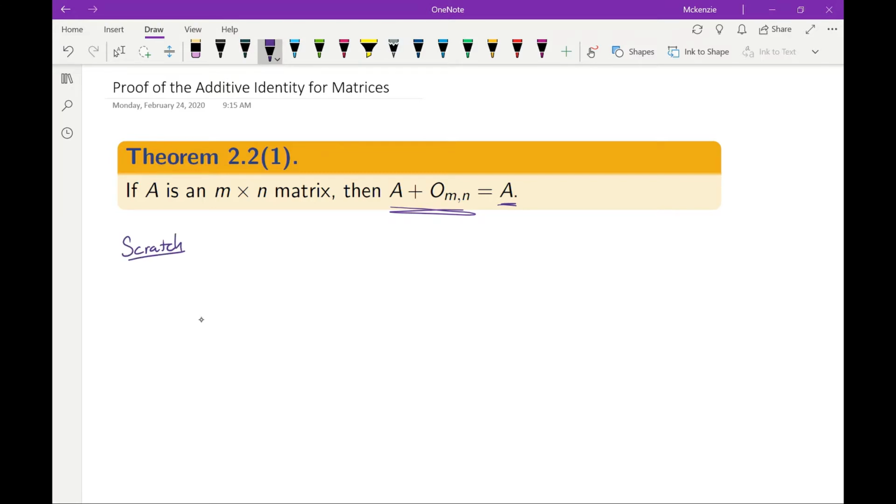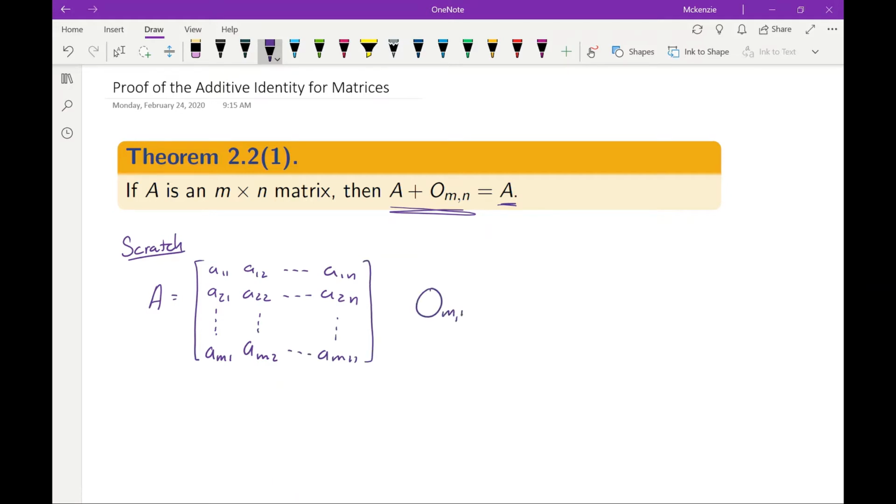All right. So in general, matrix A looks something like a bunch of entries, A11, A12, A1n, A21, A22, A2n, etc. But the zero matrix is special because we know what all the entries are. We know that all the entries are just zeros.